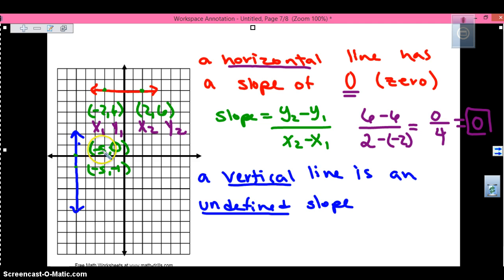So we've got x1, y1, x2, y2. So we would say y sub 2 would be negative 1 minus 0 over negative 5 minus negative 5. This means negative 1 divided by 0. We cannot divide anything by 0. Therefore, it's undefined.